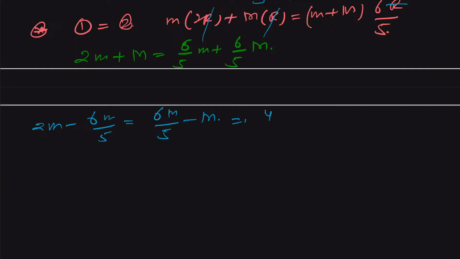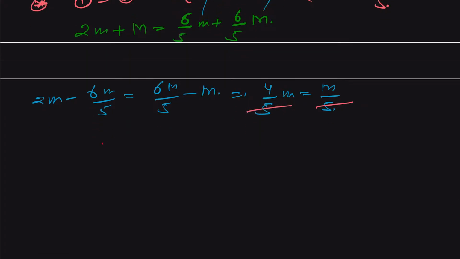So this comes as 4m upon 5 is equal to M upon 5. And this 5 and 5 cancel out. So we get that our capital M is equal to 4 times small m. And our ratio, we can say the m upon capital M ratio should be equal to 1 by 4.